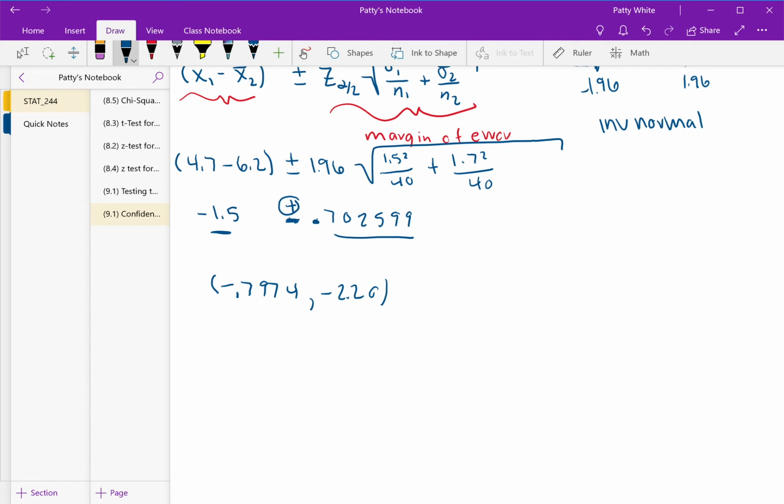I'm going to write that a little bit neater for you. Negative 0.7974 all the way up to negative 2.20. So we can be 95% confident that the true difference between those averages is in this interval.